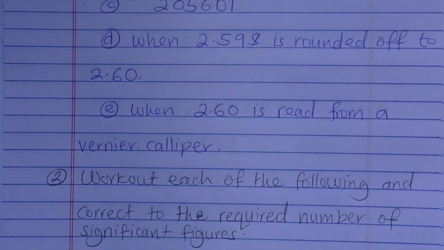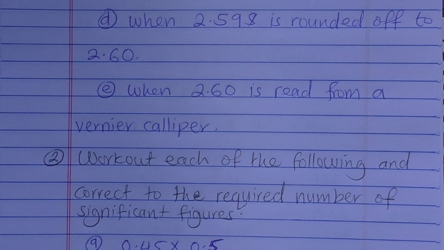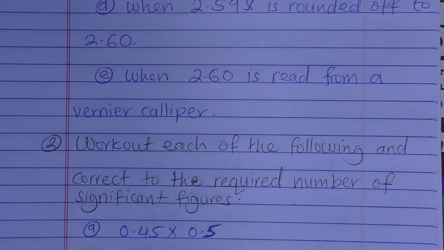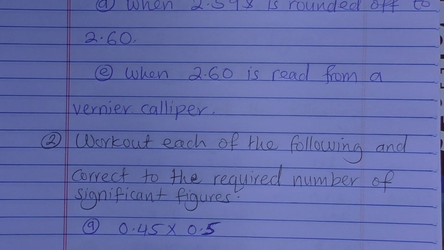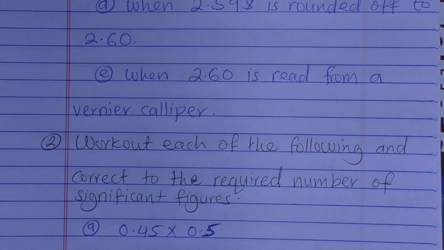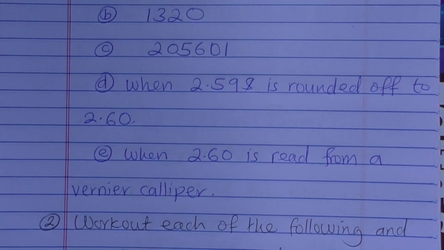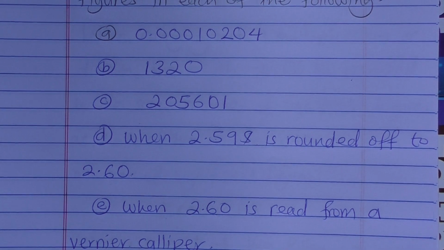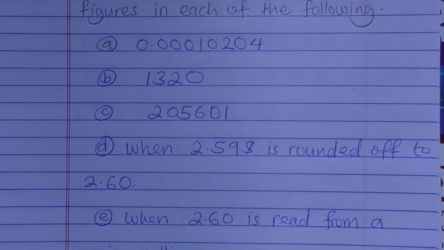And in number 2, we are going to look at how we consider significant figures and decimal points during multiplication and division, and also during addition and subtraction. That will be majorly the topic of that lesson.